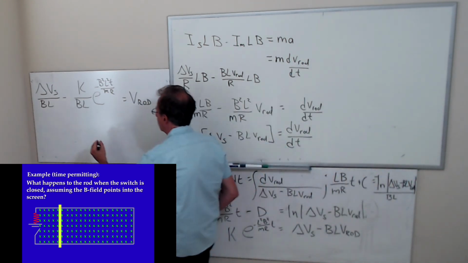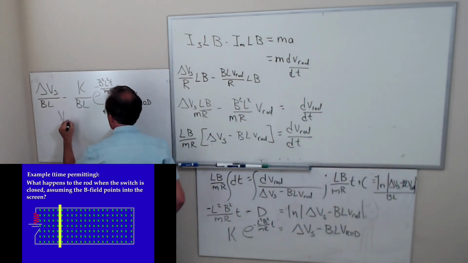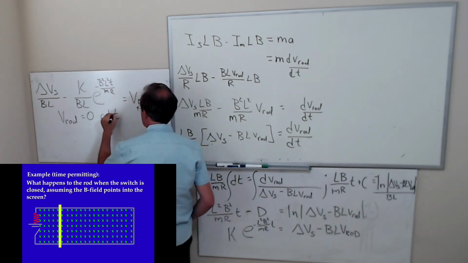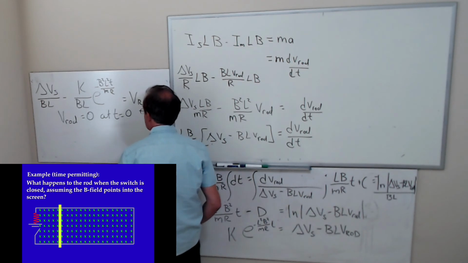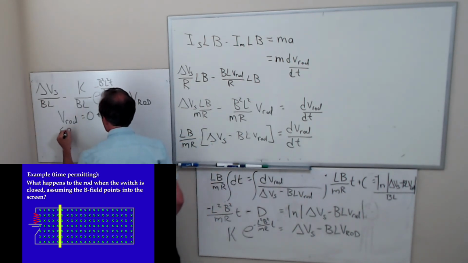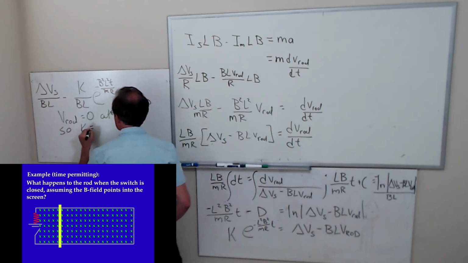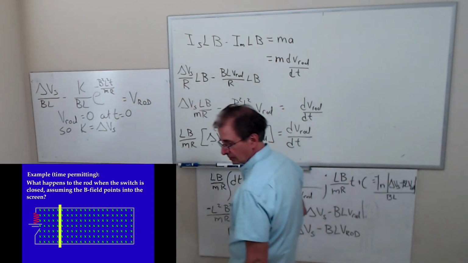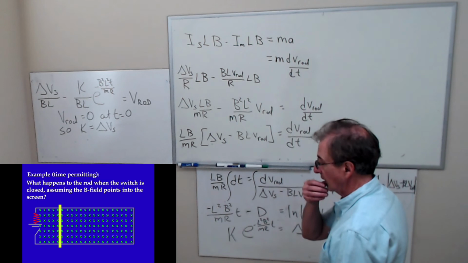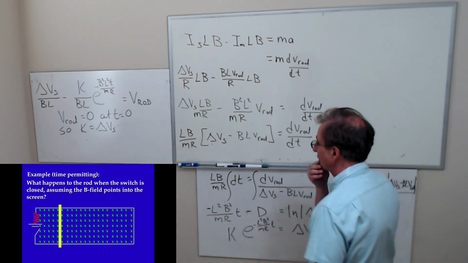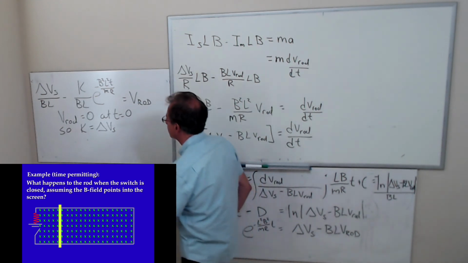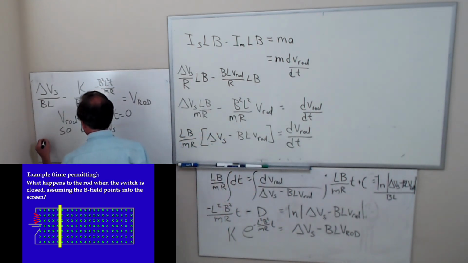Well, V rod equals 0 at t equals 0. So K has to be equal to delta V of S. So that means, I'll make sure you guys can see this, that our equation looks like this.